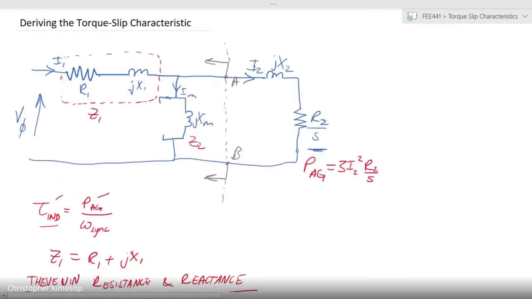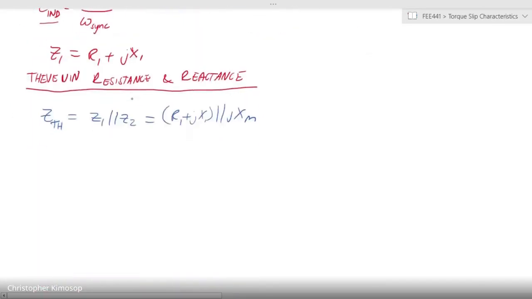Z2 and Z1 are parallel to that. Therefore, if we want the Thevenin equivalent of the induction motor circuit, especially the stator side, it will be the product over a sum, which is denoted by that.